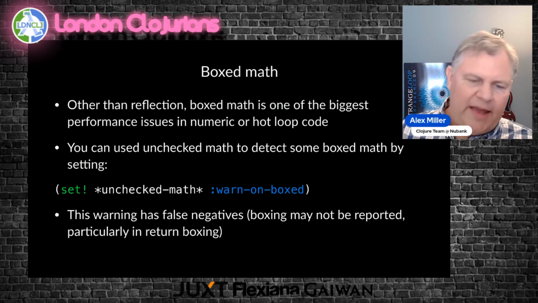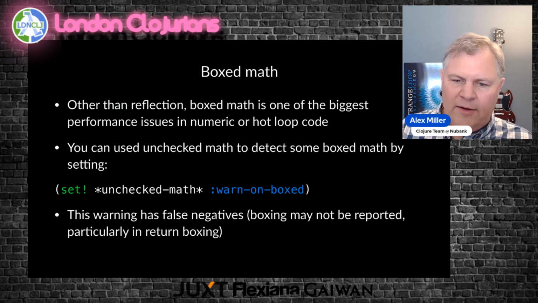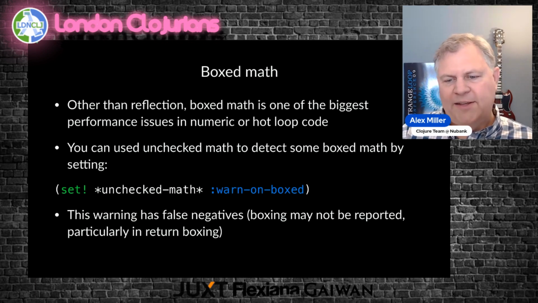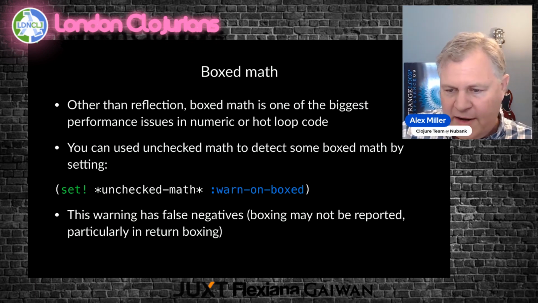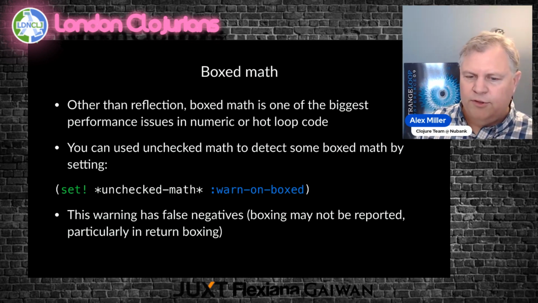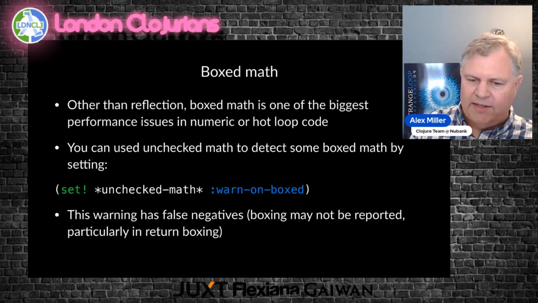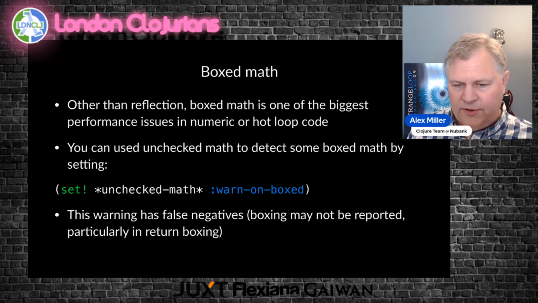It does have false negatives. So I want to have no false positives. If you get a warning, it really is happening. But there are some cases where you don't see warnings, but boxing is happening. And one particular case that I know of is if you have boxing that happens in a return path of a Clojure function, that's a place where sometimes that boxing happens implicitly through Java.